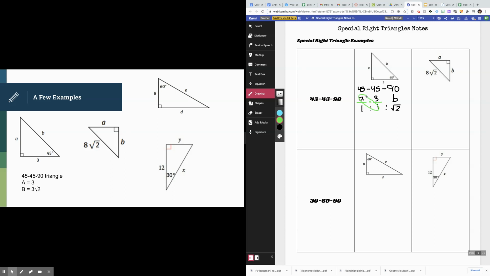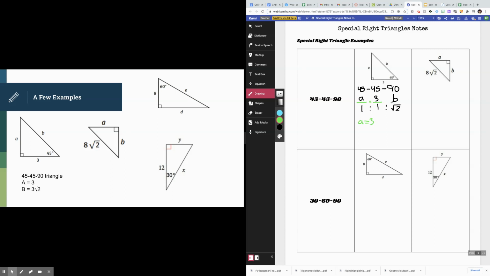So if I wanted to find A, I would do A times 1 equals 3 times 1. These have the same number in the ratio underneath them, so they have to be equal. So A equals 3, okay?